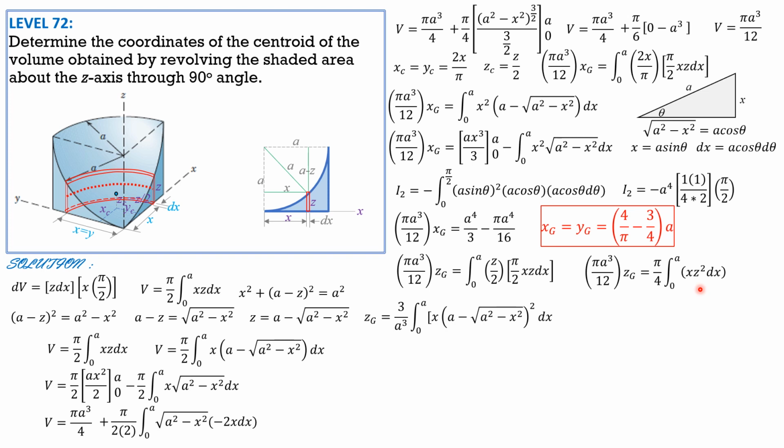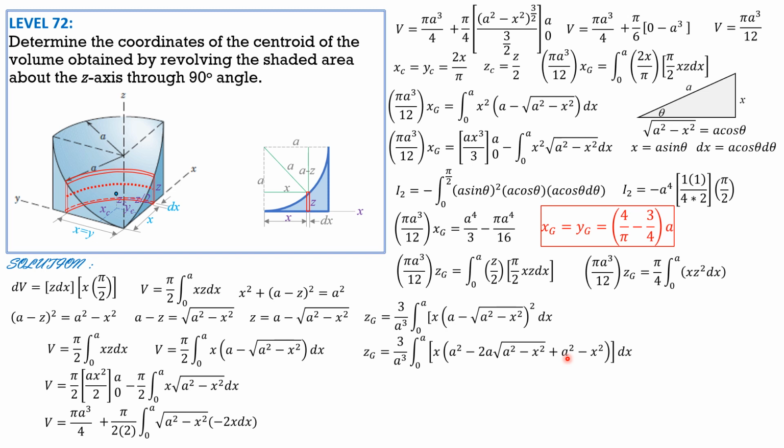What is z in terms of x? It's here. So g sub z is, after we cancel, 12 over 4 is 3, so 3 over a cubed, integral 0 to a of x, then z squared. So this is z, a minus square root of a squared minus x squared, quantity squared, dx.